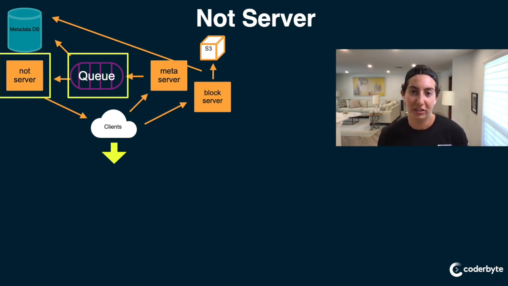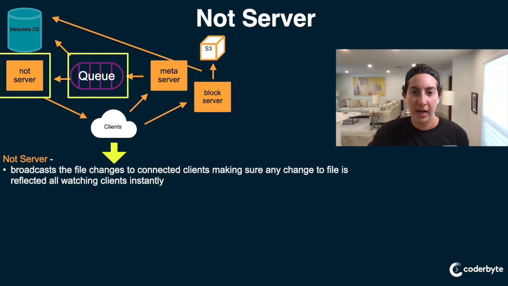You don't want the meta server to ever be talking to the notification server and lose a request. You want to add it to a queue to make sure that everything gets processed, because we want all of our clients to have the updates. Because if you get a file that's not the most updated version, it defeats the purpose of Dropbox. So that's a very important piece of this system.